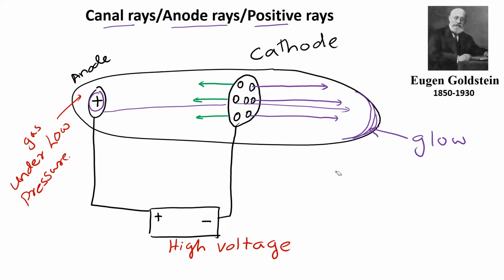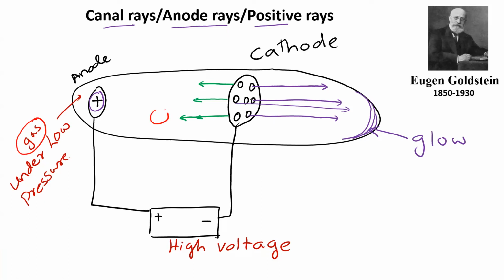So what exactly happened? How did these canal rays occur? When the cathode emits cathode rays, the cathode rays are going to hit gas molecules. I mentioned there is a gas.